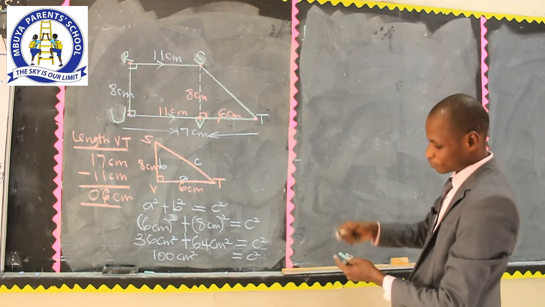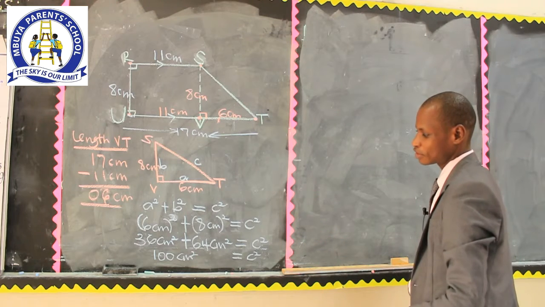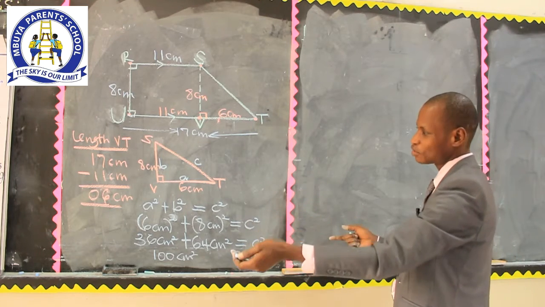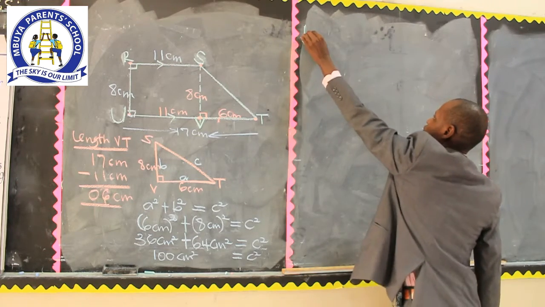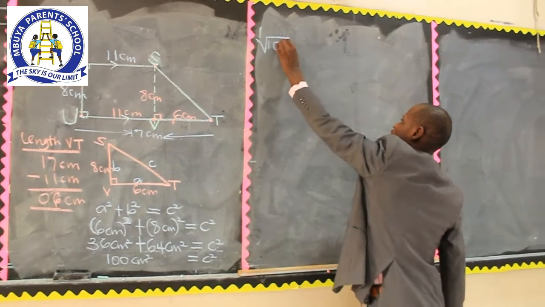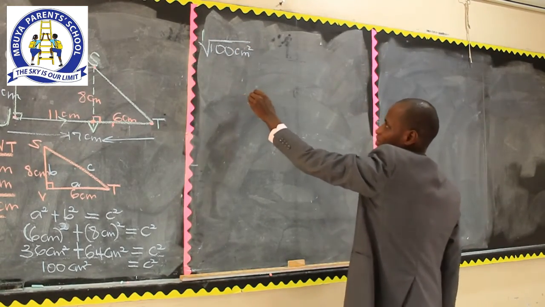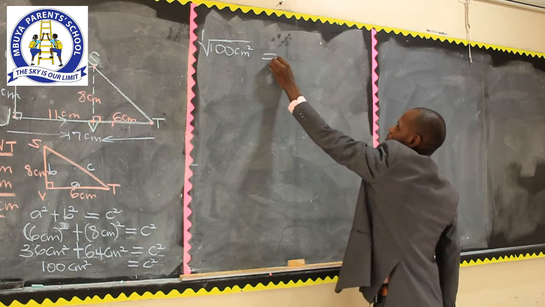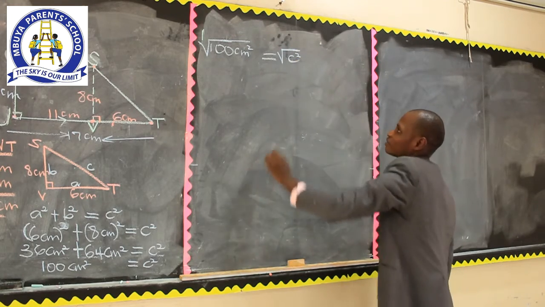At this level, we shall introduce the square root symbol on both sides. So we have the square root of 100 square centimeters, which is equal to the square root of C squared.